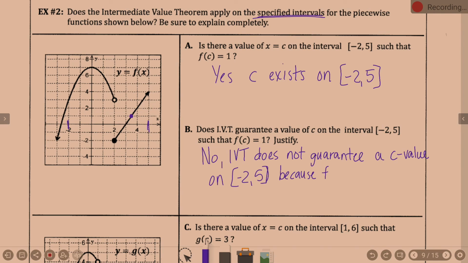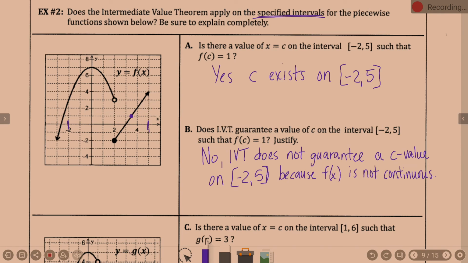F of x is not continuous. Okay, so yes, it does happen to exist, but it's not guaranteed by the IVT because continuity is a requirement.